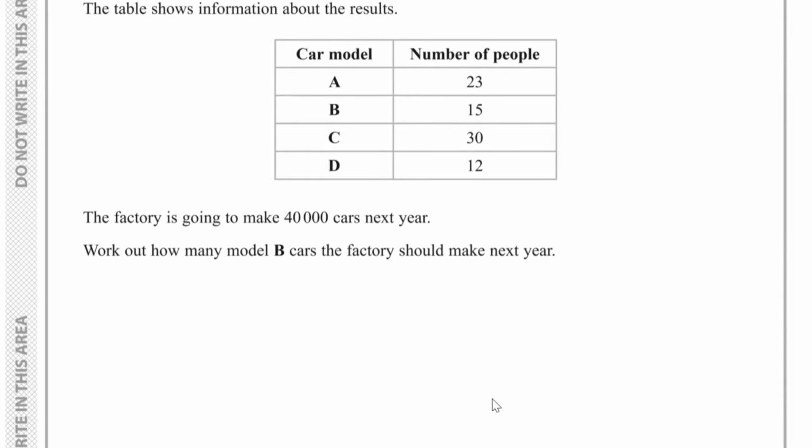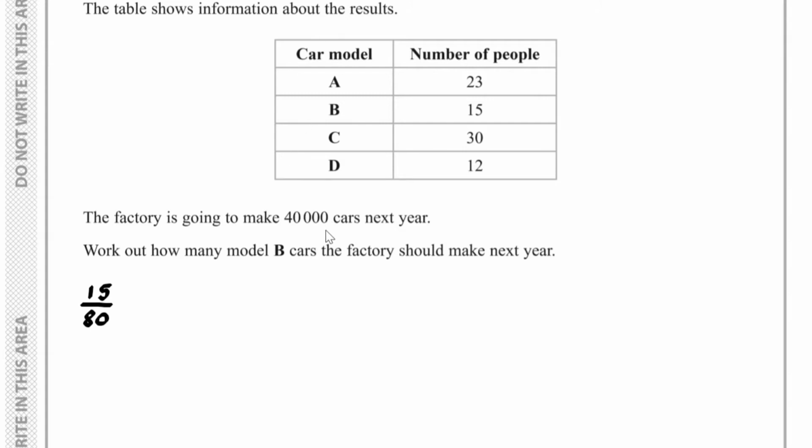Well, to find out the number of car Bs that the factory should make next year, we've got 80 people altogether, and of those, 15 want car B. So the fraction of car B is 15 over 80.